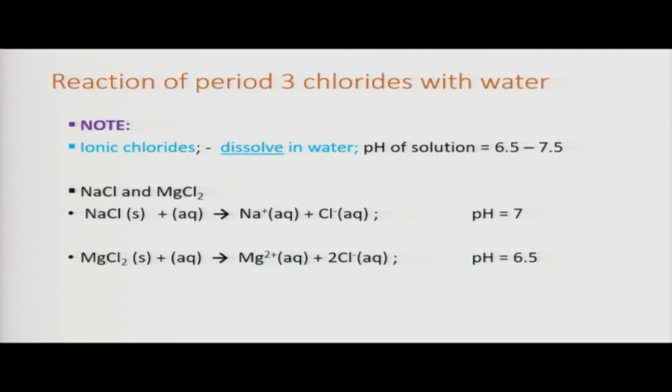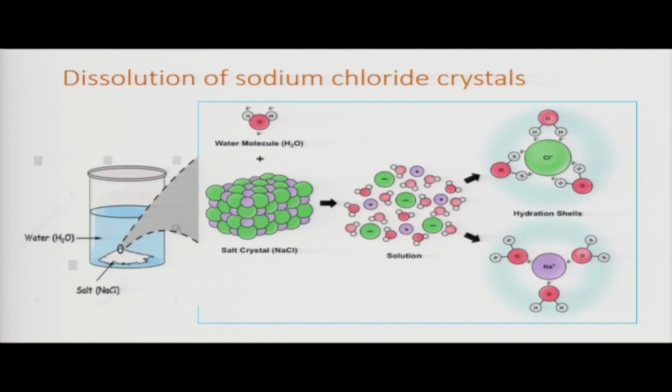Now, let's understand what we mean by dissolution or dissociation. Imagine you're having sodium chloride, that common table salt, and you're adding it to a glass of water or a saucepan having water. As you dissolve, what happens is, if we take this to be water molecules and this the crystal of sodium chloride, as you stir using your spoon, that crystal is separated into different ions.